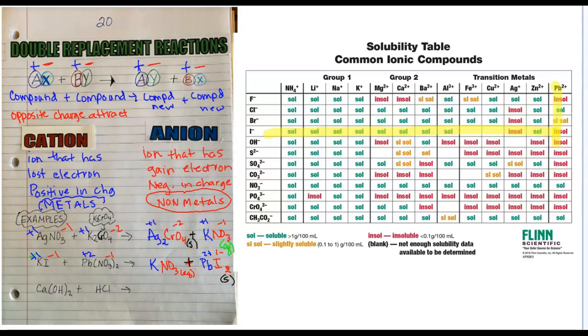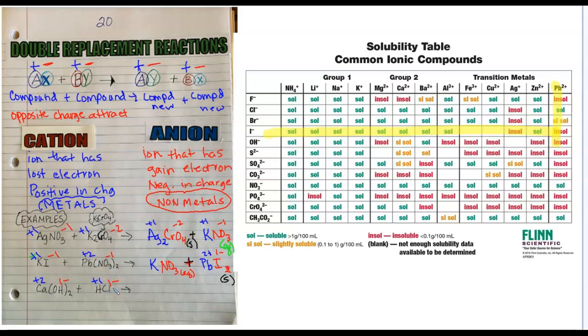We'll do one more. So again, we've got our calcium. That is our positive. Calcium is a +2. We've got our hydroxide, which is a -1. Hydrogen being a +1. Chlorine being a -1.